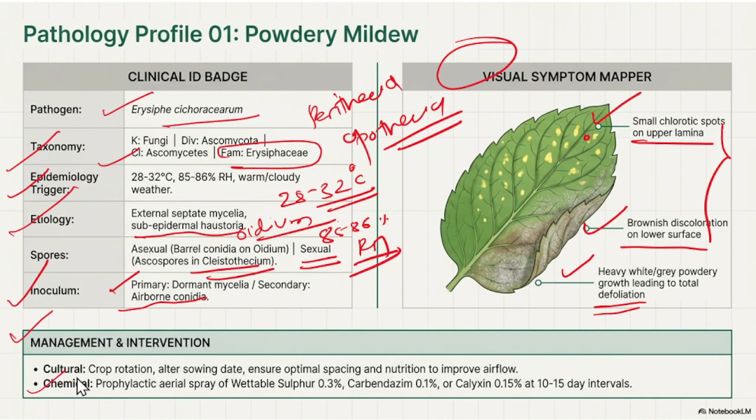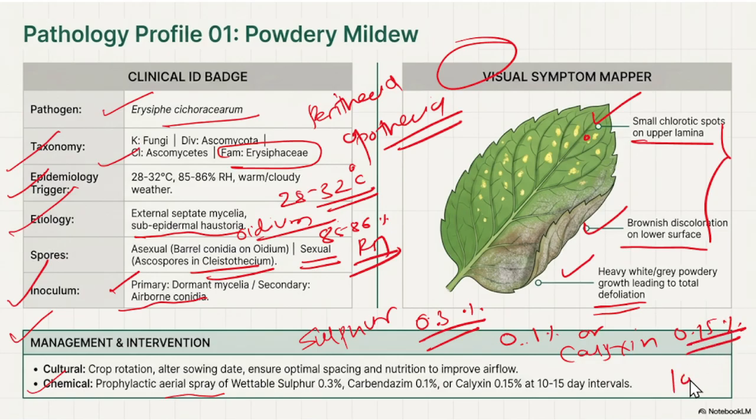Then chemical treatment, that is a prophylactic aerial spray: wettable sulfur at 0.3%, then carbendazim at 0.1%, or the third one, Calixin at 0.15%, at an interval of 10 to 15 days. Two sprays are recommended for this powdery mildew control.